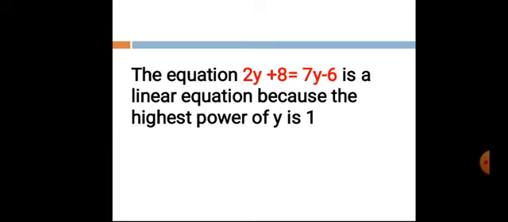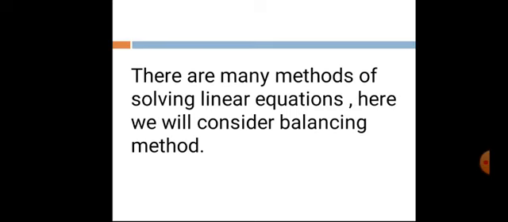That is, any equation that has the variable with the highest power of 1 is called a linear equation. That's how we identify a linear equation. A linear equation is an equation with the highest power of its unknown to be what? 1. Good.